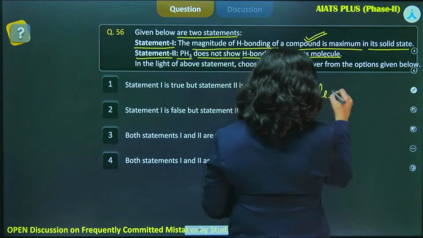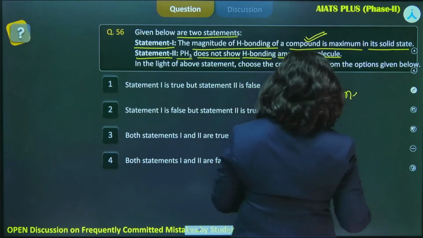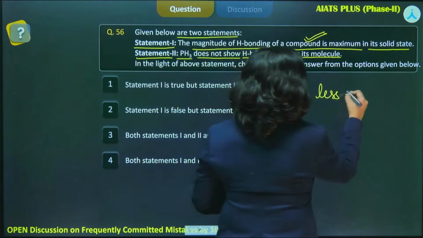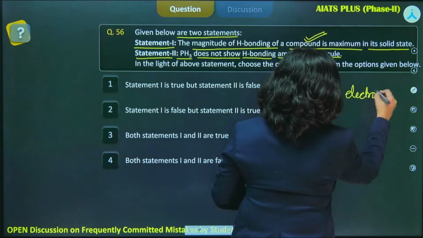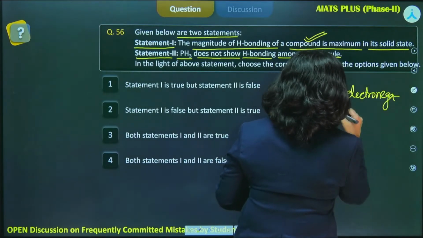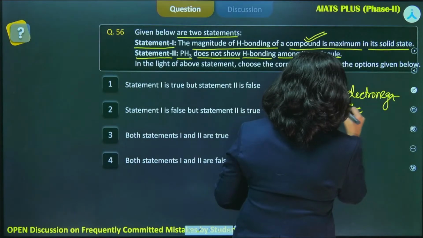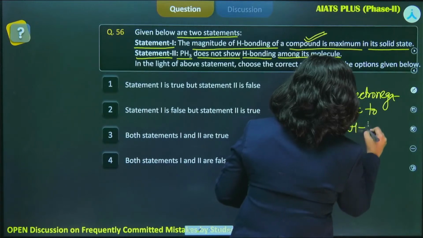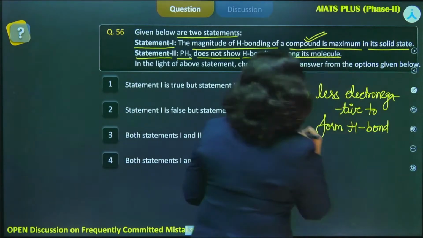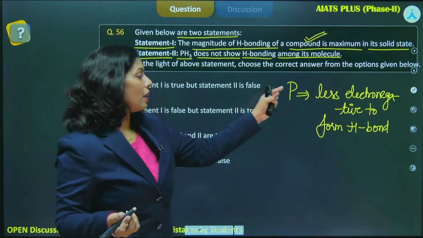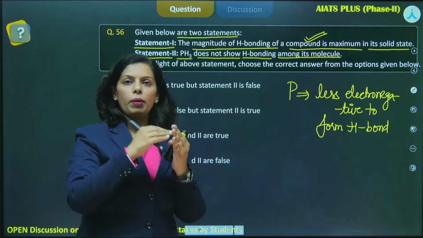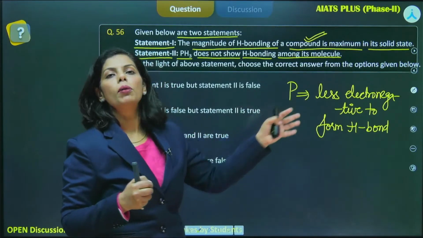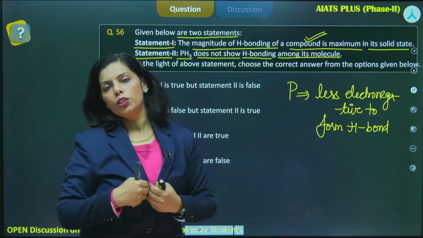It means we can say it is less electronegative, so that it's not able to form hydrogen bonds. Now if it does not form hydrogen bonds, because the size is also large for this phosphorus, right? Suppose I'm comparing nitrogen and phosphorus, it is larger in size, electronegativity is less, so it is not able to form hydrogen bonds with other phosphine molecules, right?